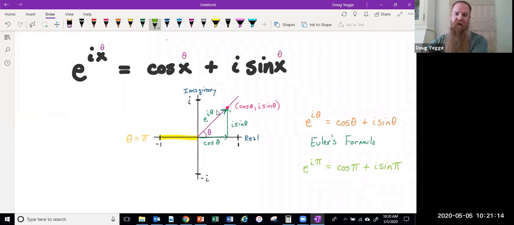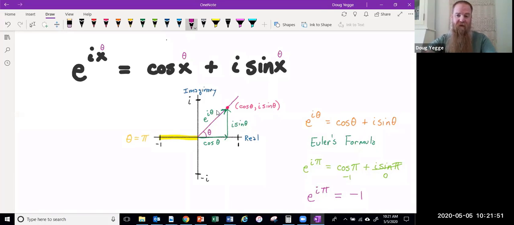But notice, if that's the case, then what that's really saying is, what is this distance right here? Because that's what e to the i pi stands for. So if that's that distance right there, then that distance is just -1, which makes sense because sine of pi is equal to 0, and cosine of pi is -1. Which gives me that e to the power of i times pi is equal to -1.